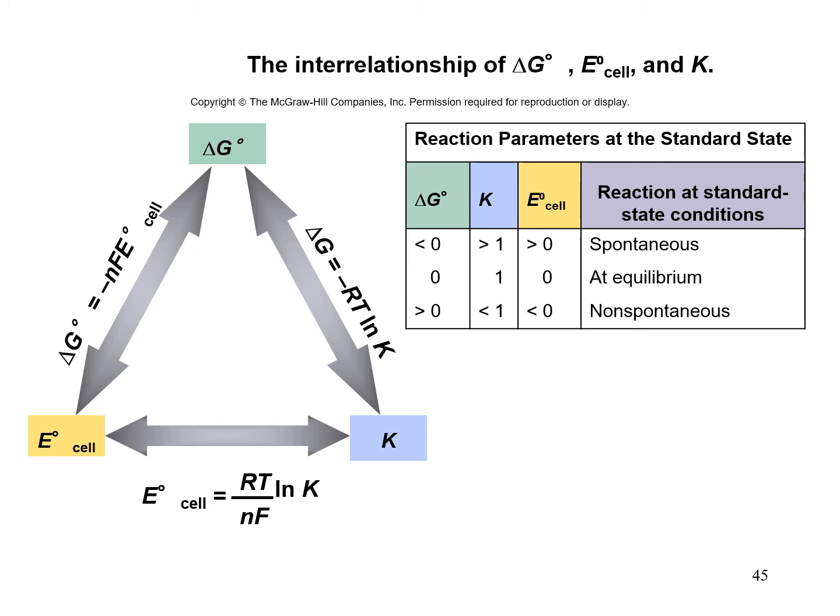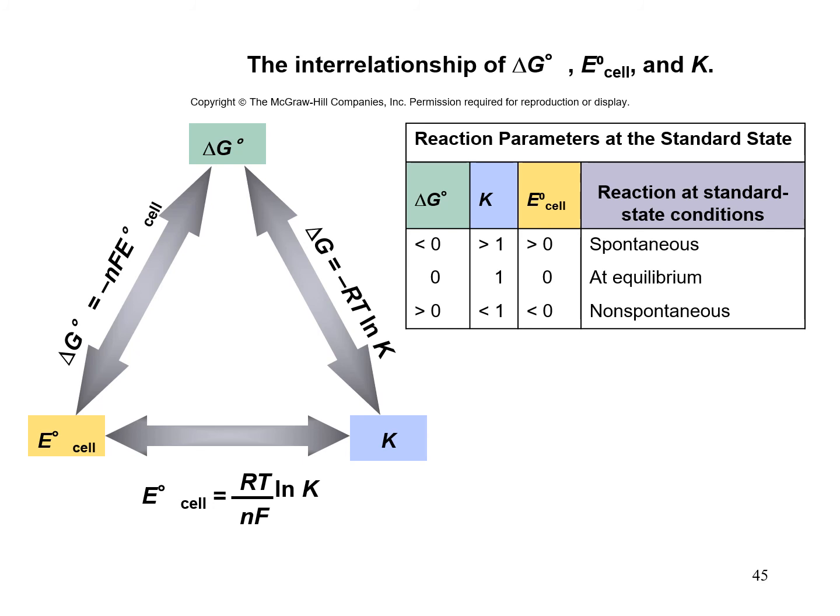If G is less than 0, E is always greater than 0. For a non-spontaneous reaction, delta G naught is a positive value, so always greater than 0, E naught is always a negative value, less than 0, and K is less than 1.